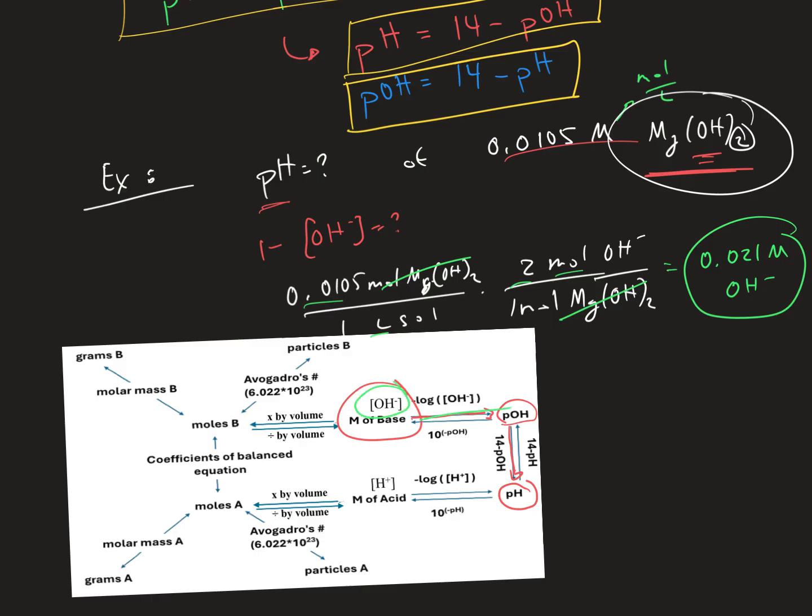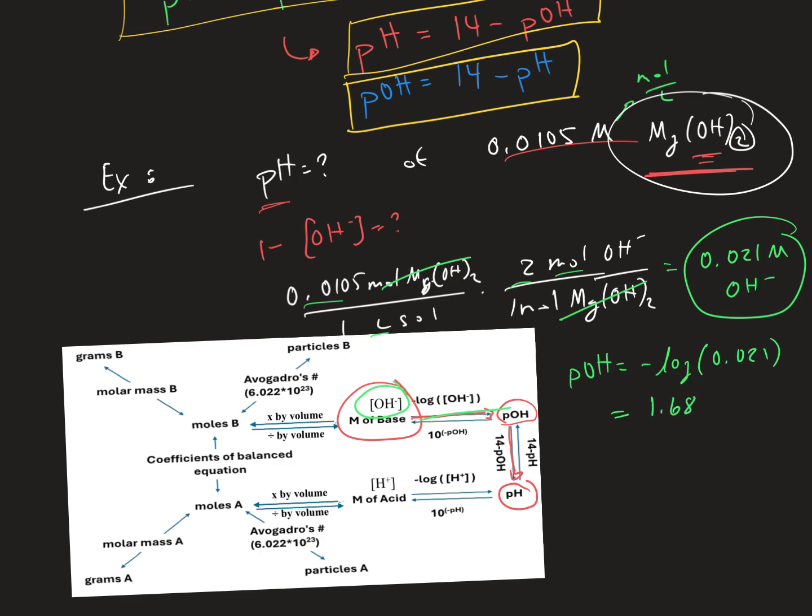Now I can do negative log of OH minus, and that's going to give me my pOH. So we do negative log of 0.021, and that's going to equal what? Well, 1.68.